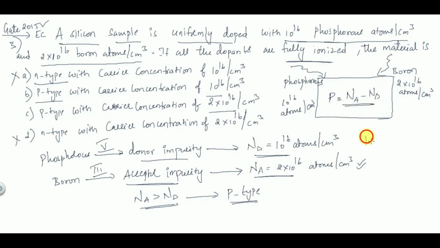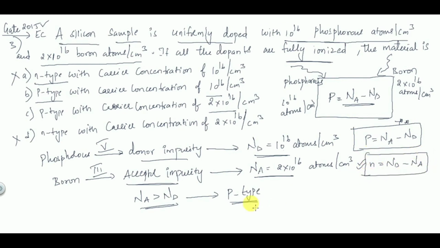This is the important point which you have to remember from this question. For each question I am giving you the important points. So P is equal to Na minus Nd. Suppose you have more donor impurities, then N is equal to Nd minus Na.